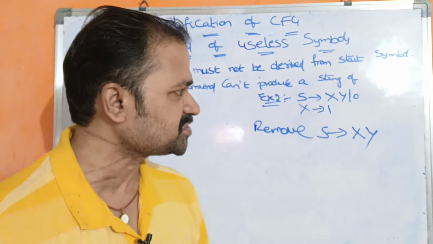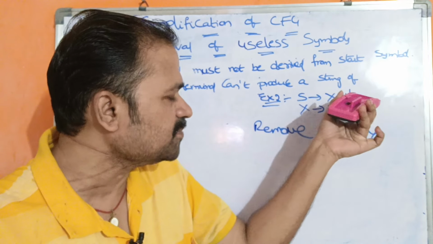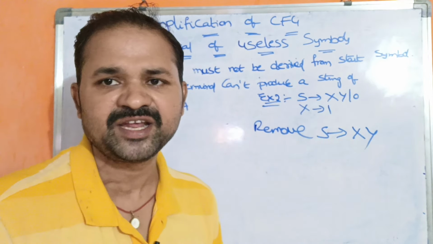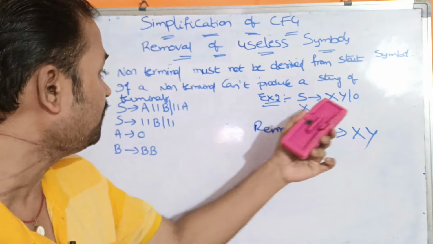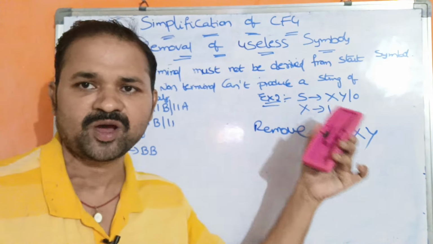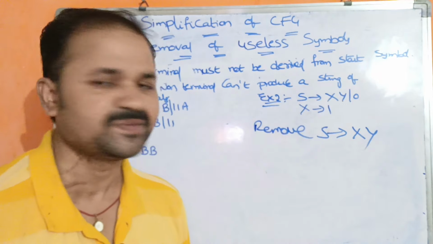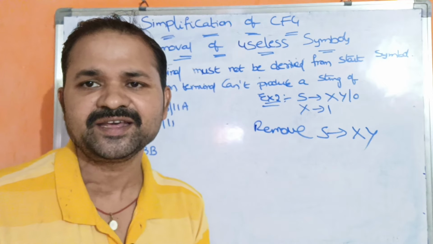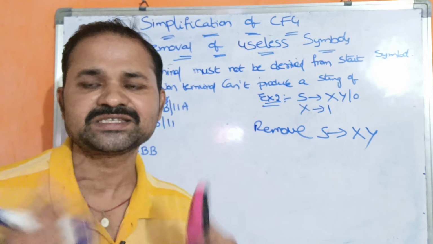And what is the next one? S implies 0. Here every non-terminal must produce a string of terminals. If a non-terminal produces a string of terminals, then there is no problem. That is a useful symbol only. But if a non-terminal cannot produce a string of terminals, then we can say that it is a useless symbol.